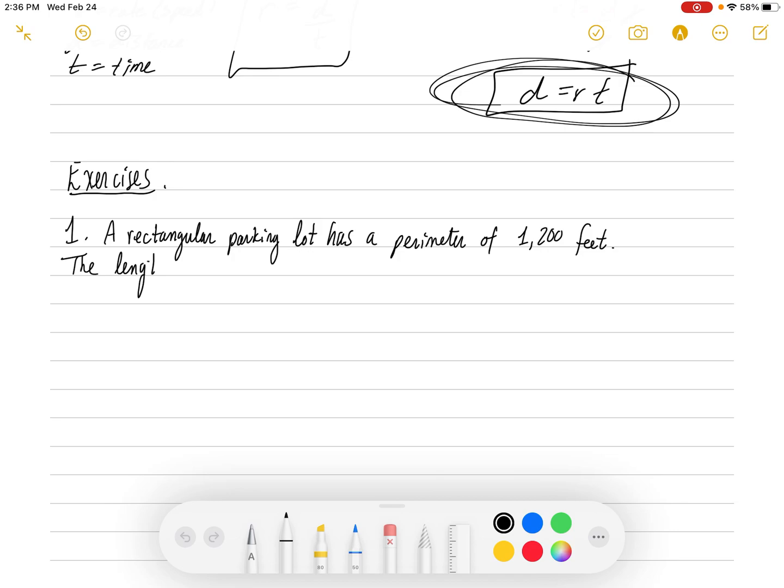The length is 100 feet more than its width. Determine the dimensions of the parking lot.